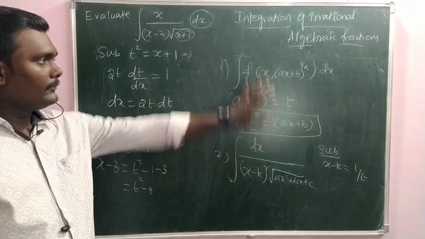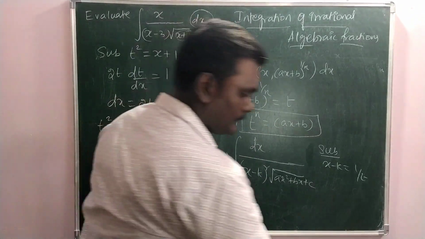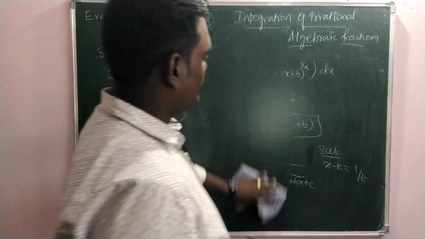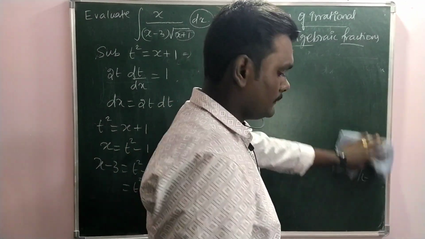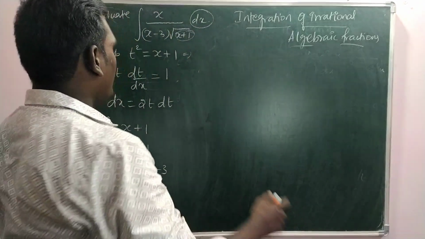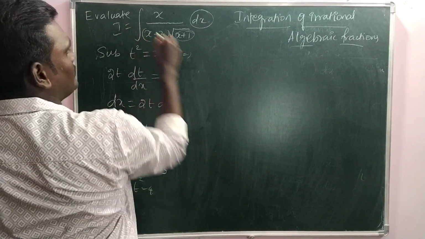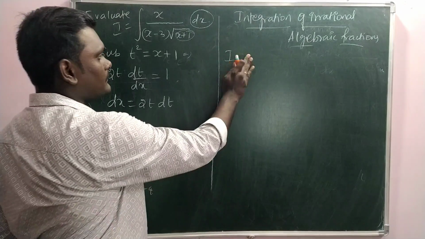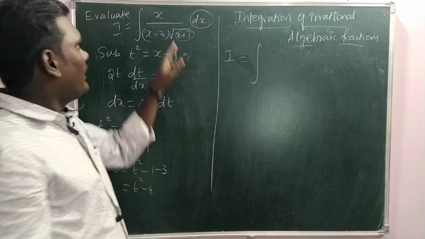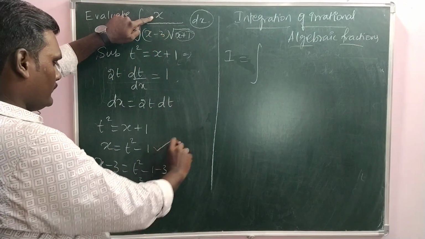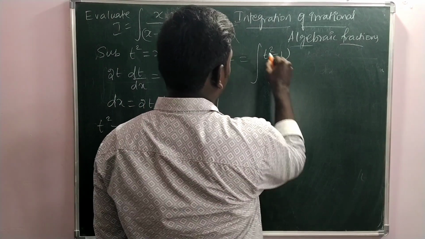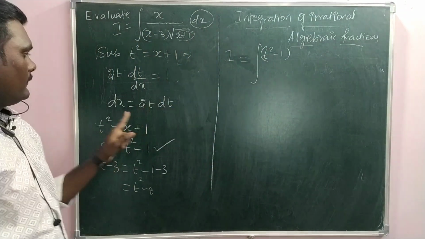Alright. Now shall I erase this side? Now we will replace all these things. We will name the integral I. So our integral I is equal to the integral. In place of x, what do we have to substitute? t square minus 1. In place of dx, what do we have to substitute?